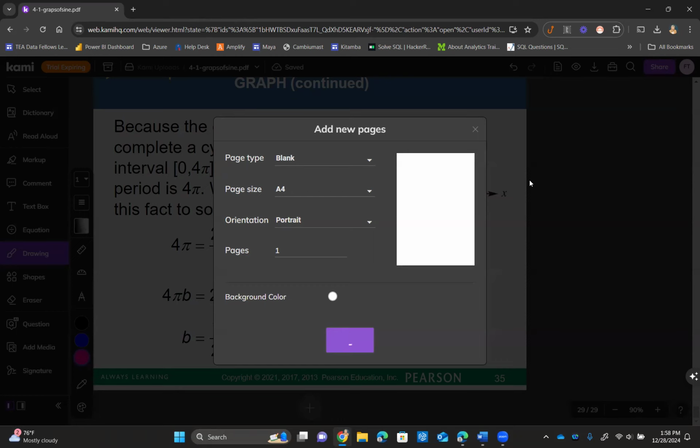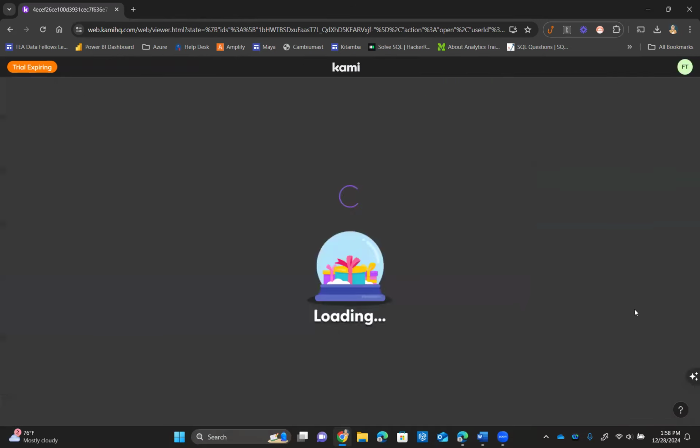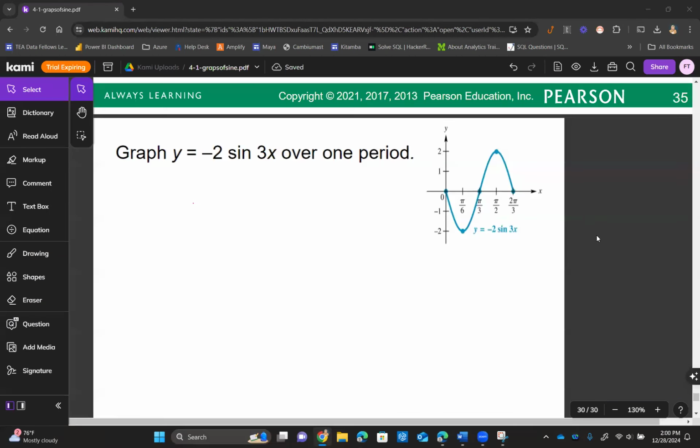The question was y equals -2 sine of 3x. We're going to finish today's video by looking at the graph for y equals -2 sine of 3x over 1 period, and the answer we need to get looks like this.